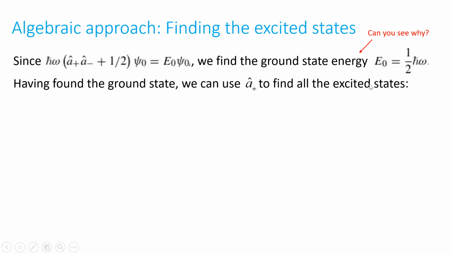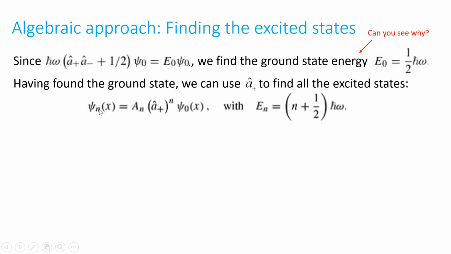Having found the ground state, we can use the raising operator to find all the excited states. The raising operator is called that because it raises the energy of a given state by h bar omega. We can say that the nth state, so n equals 1, 2, 3, etc., we would get by just applying the raising operator n times to the ground state.